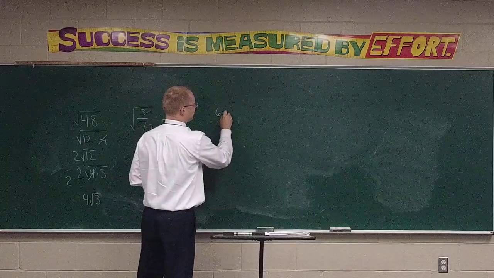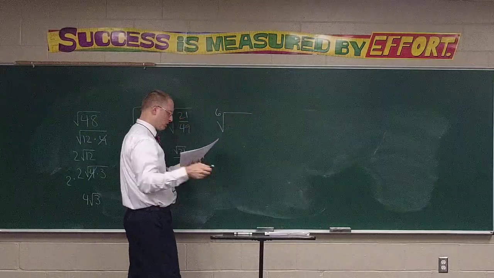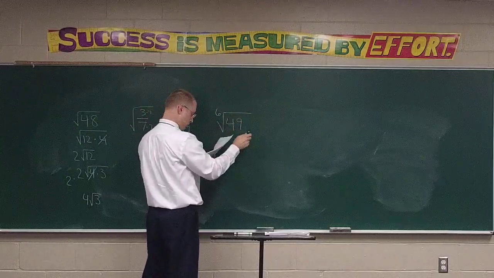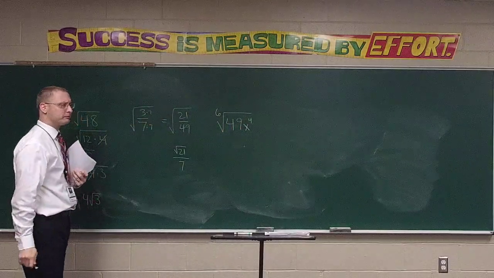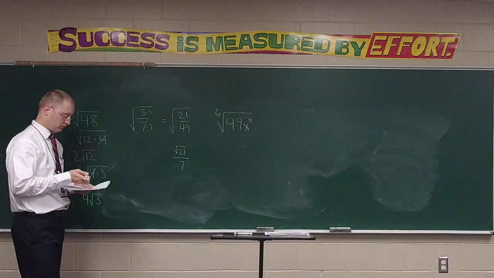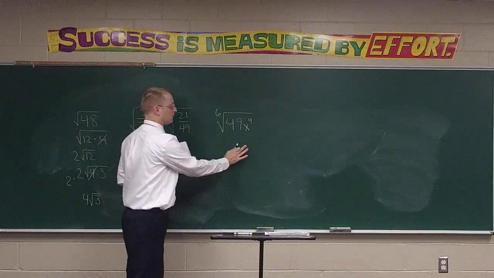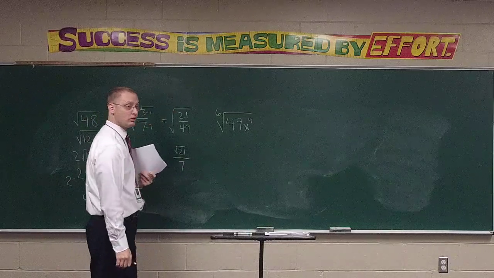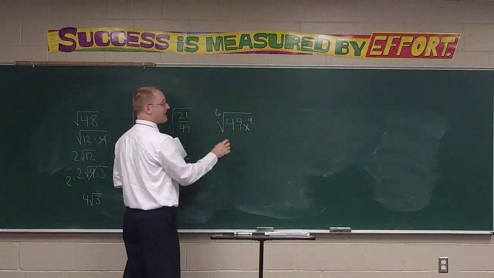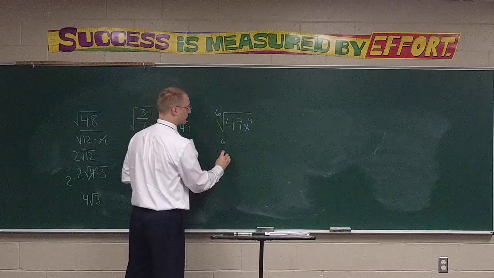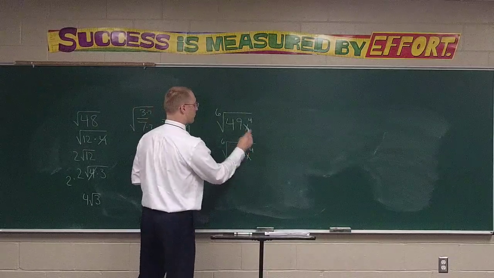If we had a big index, not square root, cube root, which is what we're used to seeing, but like a 6th root, what would I need to do here, Noah? Good, we want to make this smaller, but the key is to rewrite everything as a power. So the x to the 4th is already a power, but 49 wasn't.